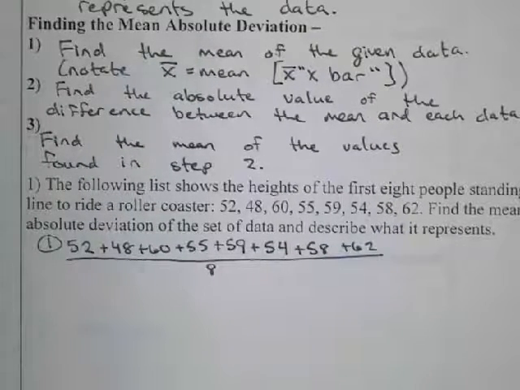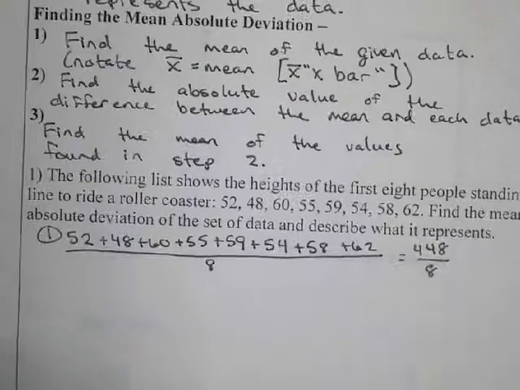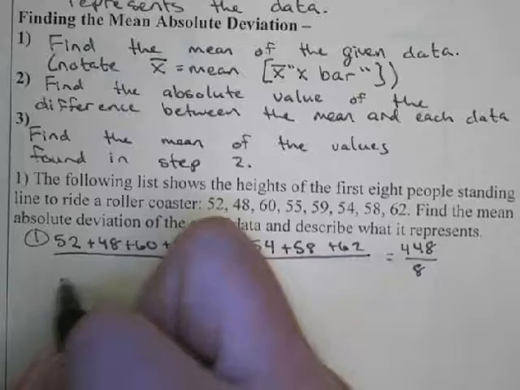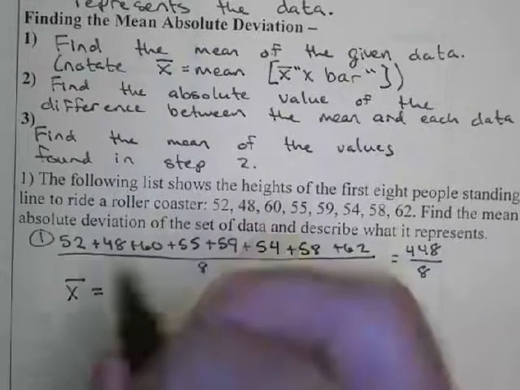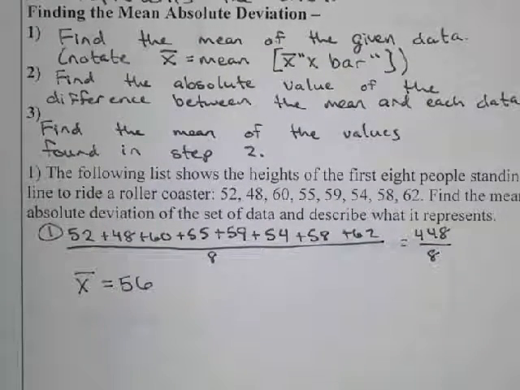So we'll go 52 plus 48 plus 60 plus 55 plus 59 plus 54 plus 58 plus 62. And then we get 448. Divide that by 8. And we get that our mean, x bar, is equal to 56.